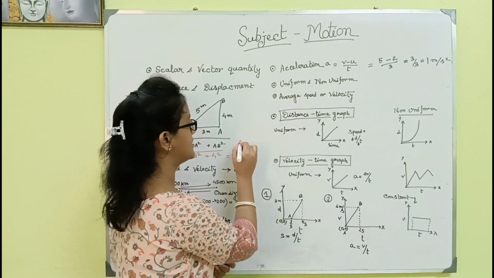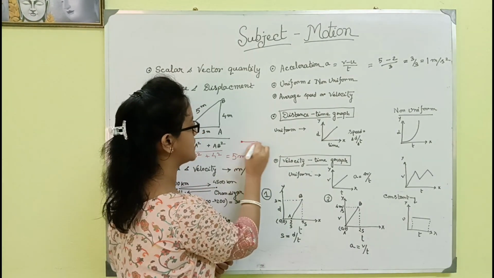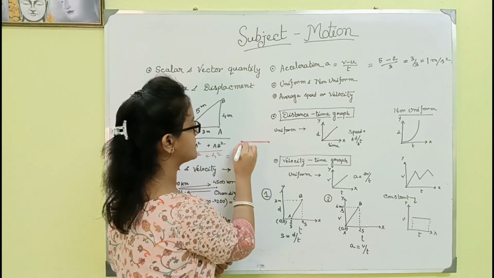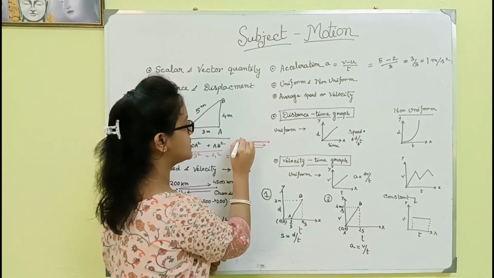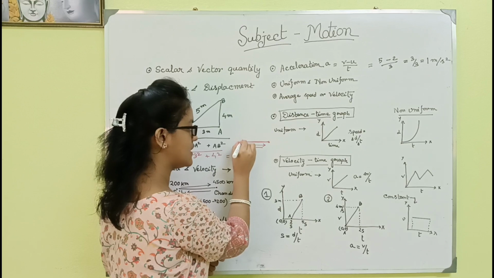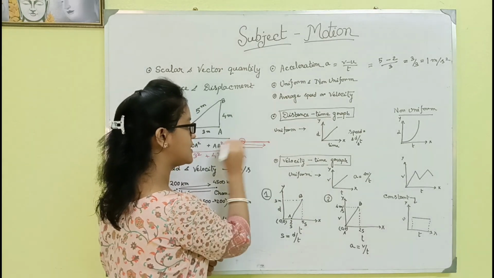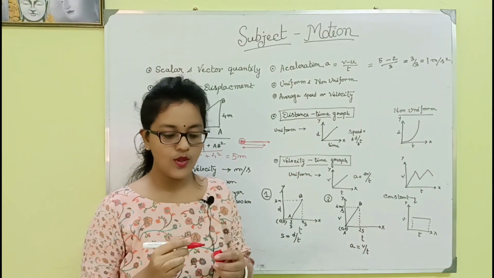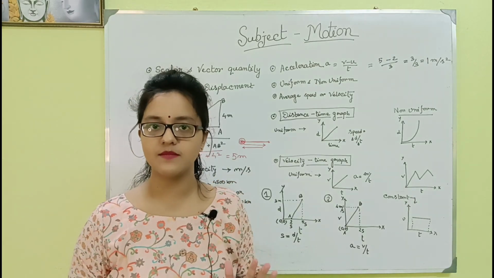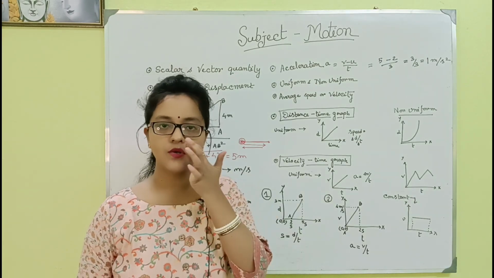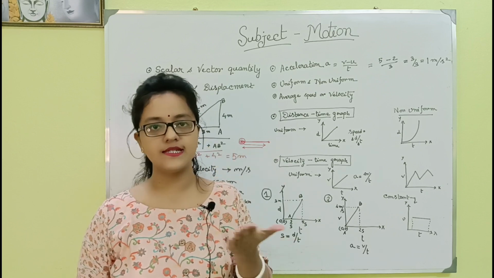The body travels from this position, goes here and back to this position. The initial position is this and the final position is also this. So the displacement here is 0. So this is another difference.